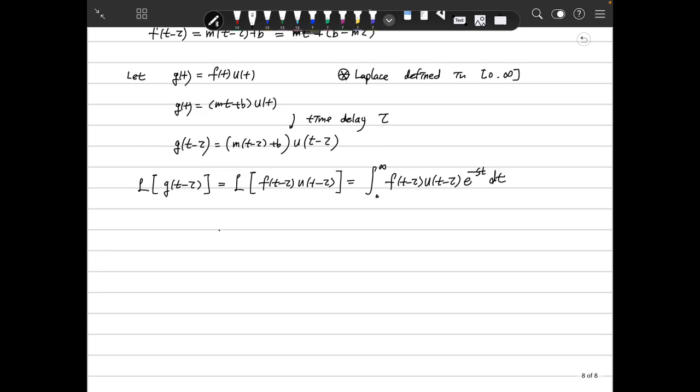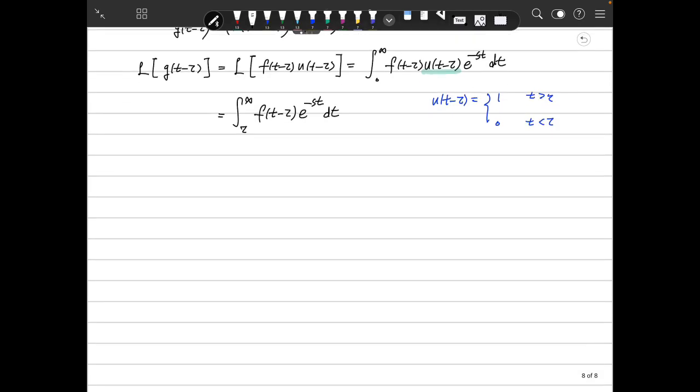There will be the integral from tau to infinity of f t minus tau exponential minus st dt. Why? Because u t minus tau is 1 when t is larger than tau, and 0 when t is smaller than tau. So we can rewrite it like that.